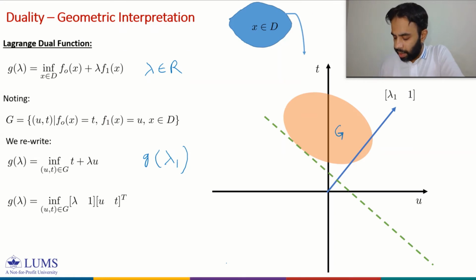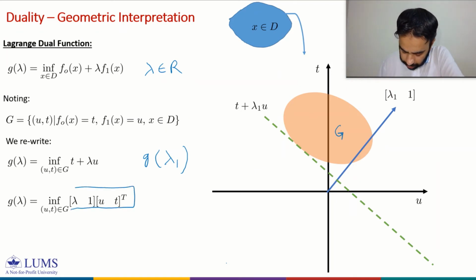This is the maximum you can slide this green line in the direction of the negative of this blue vector. We can also note that this line is given simply by t plus lambda 1 u, right? Because this is the inner product. And we also note that the slope of this line is minus lambda 1.